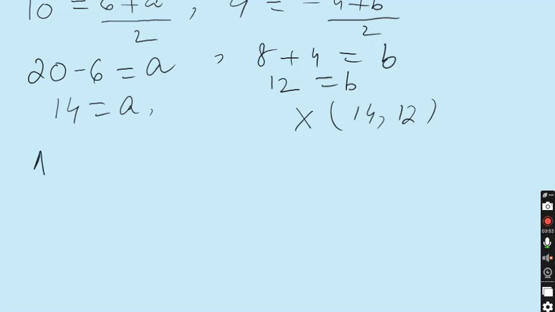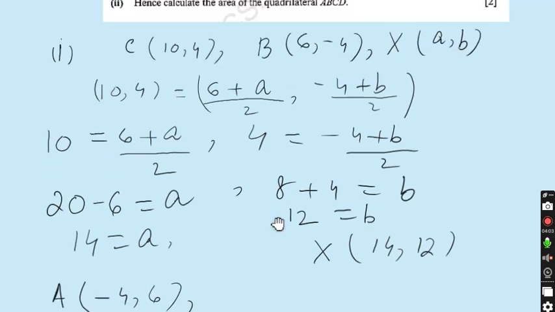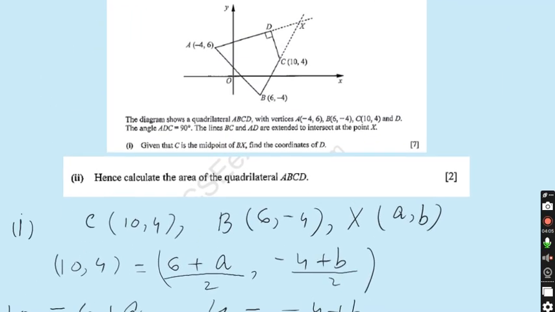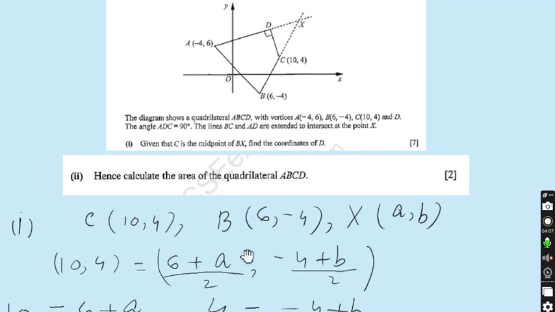So we are going to find the equation of AD. What are the coordinates of A? First we have to find the gradient of AD. In a straight line the gradient between any points is the same.